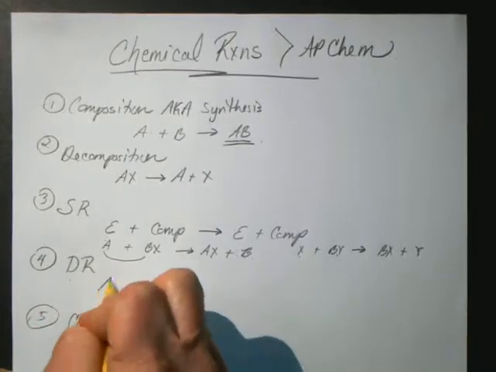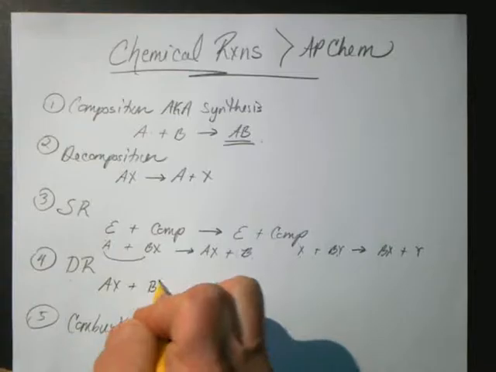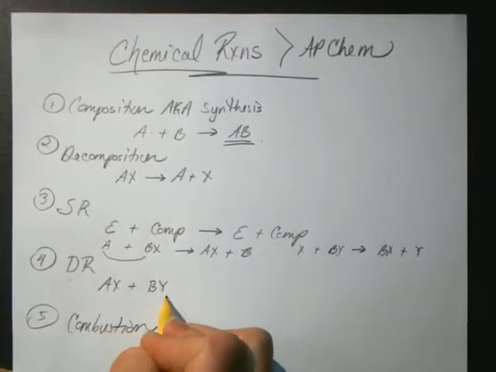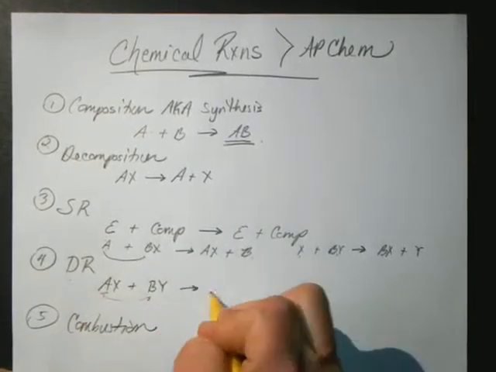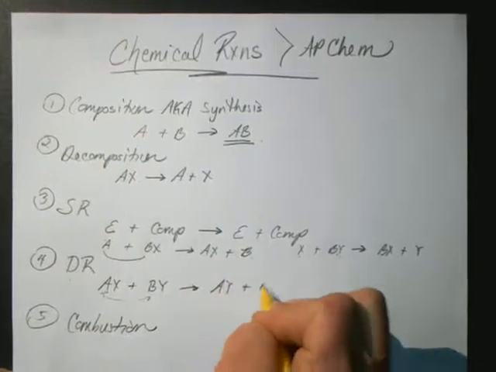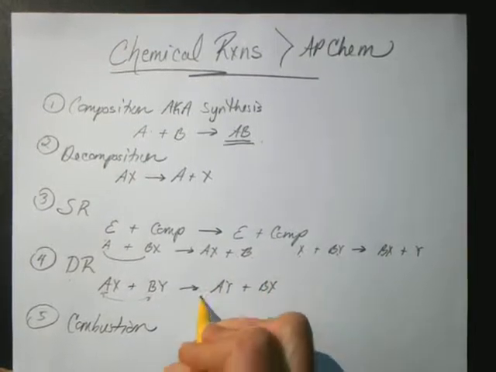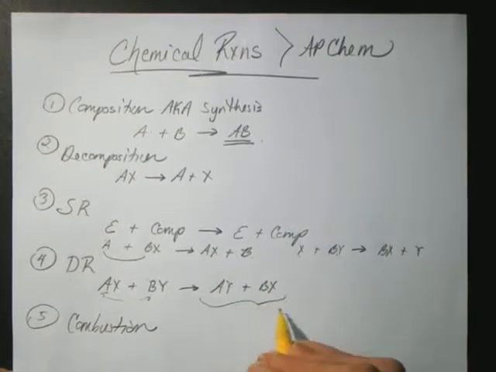For example, if we have generically AX plus BY, A and B will switch, A going with Y and B going with X. However, this will only happen if one of our driving forces is satisfied.